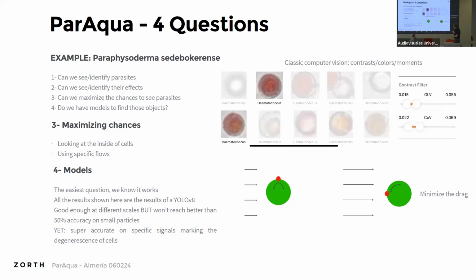The basic problem being that in my testing on spores of fungi, which are about the same range in scale, you don't get better than 50% accuracy on very small particles. But do you need better than 50% accuracy on those very small particles?